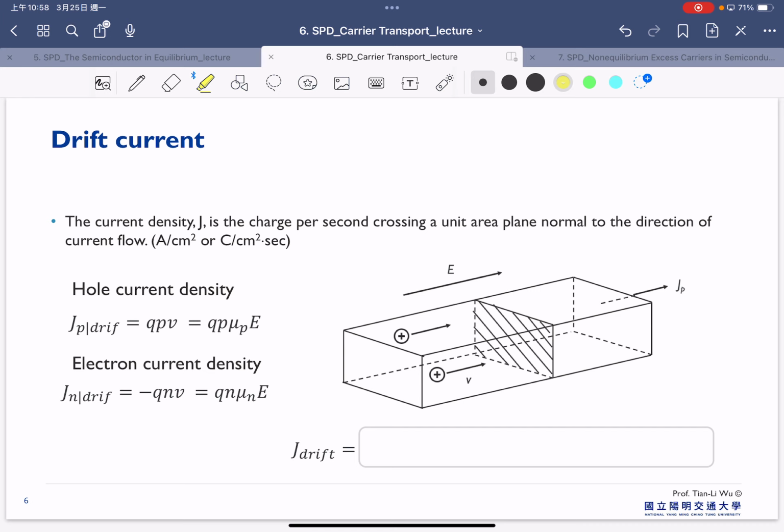Okay, so the drift current is just the summation of the hole current density plus the electron current density. The current density J is the charge per second crossing a unit area plane normal to the direction of current flow. So that's just the current density.